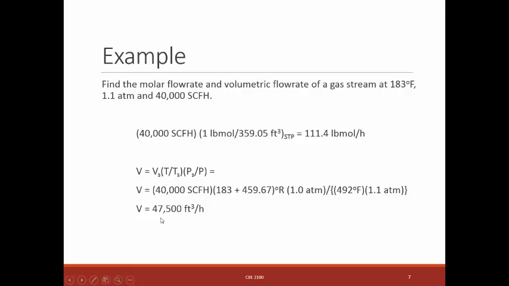And it turns out that I have 47,500 cubic feet per hour. So the relationship between these two is kind of minimal, but this is a very simple relationship here. Whenever you see standard state volumes, remember that really that's giving you mole information.